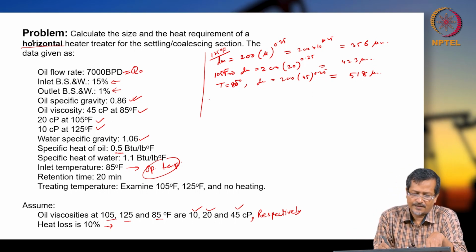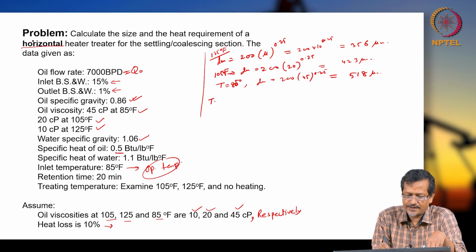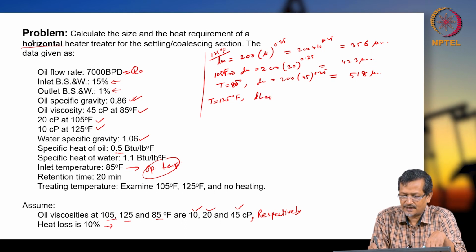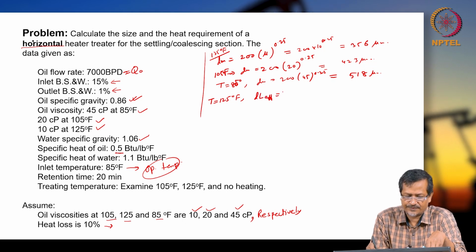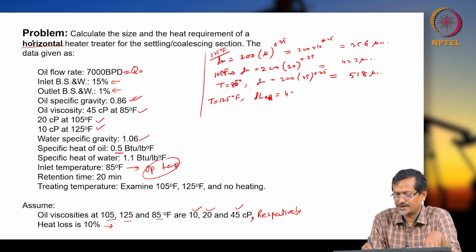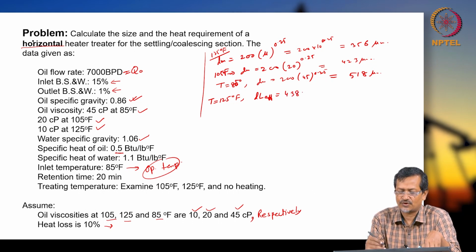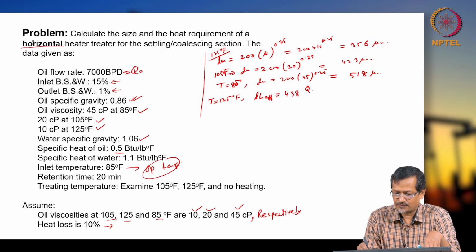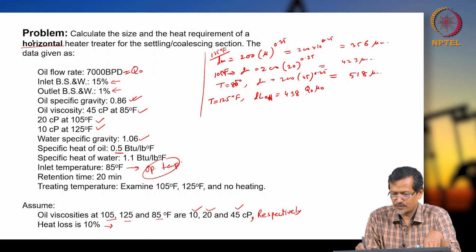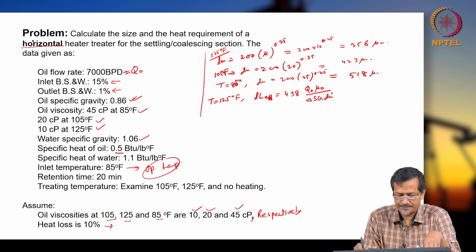So for T equals 125 degree Fahrenheit, what is the d Leff? The formula you can remember, 438. This is for a horizontal separator. So flow rate of oil, mu oil, delta Sg, dm square.